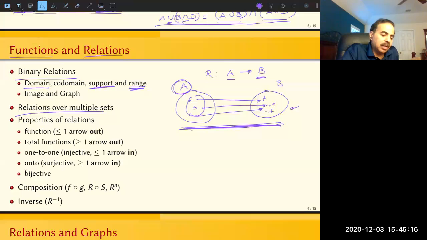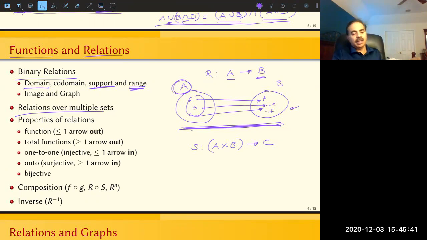We can also represent relations over multiple sets. And the way we do that is by thinking about Cartesian products. So for instance, we could have a ternary relation S, which may involve three sets, which we could represent in this way, right? So A cross B to C. But then A cross B is simply another set, right?